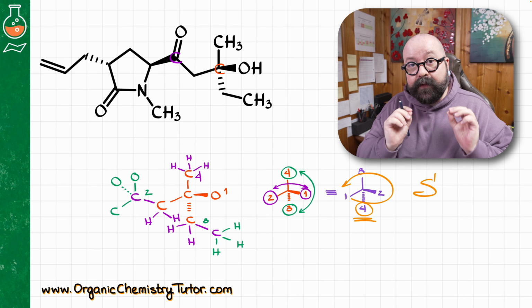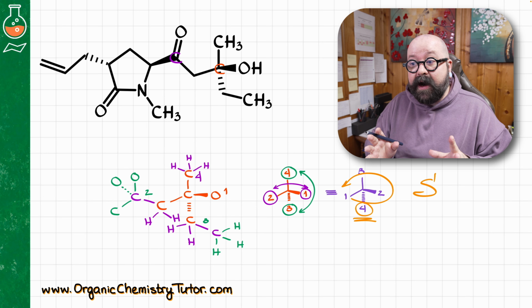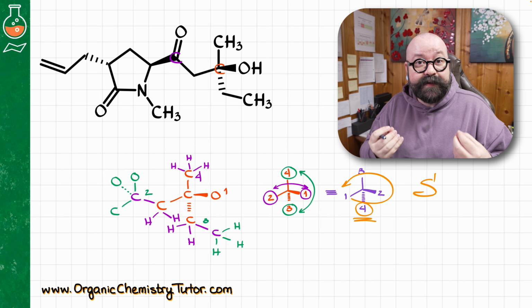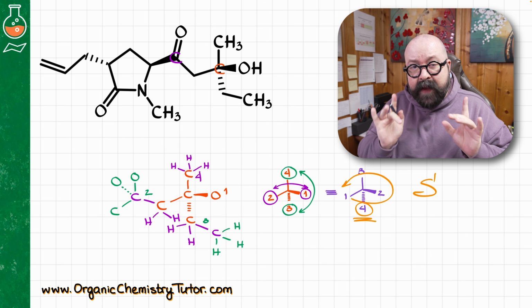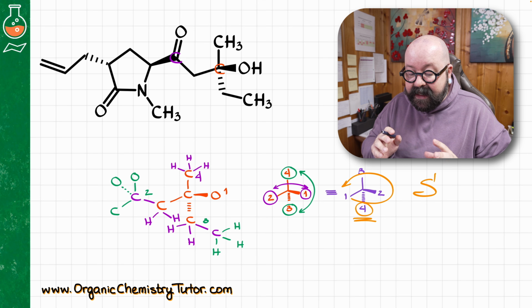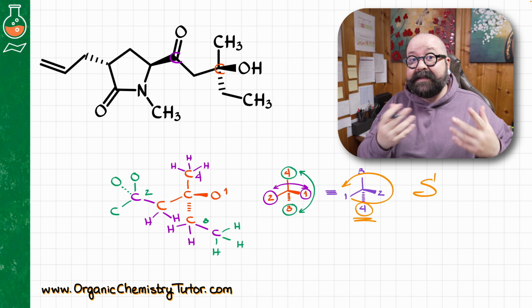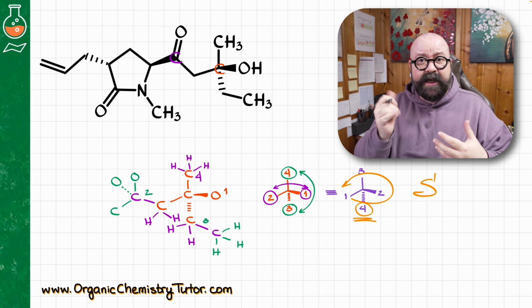Now, here is something really important that I want to point out about this specific example. This example has what I would like to call a trap that specifically tests for students using tricks to assign their R and S stereodescriptors. And what I mean by the trick here is that when your lowest priority does not look away from you, some people just assign the stereodescriptors as is and then just change the letter.